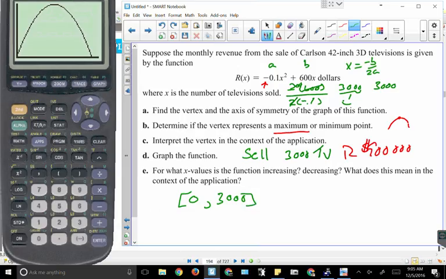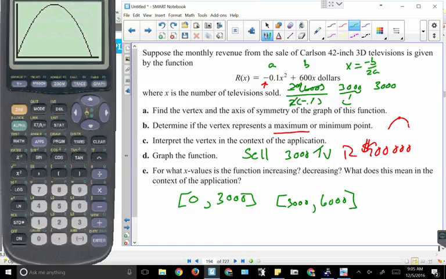So on that interval, we are increasing. When we are on the interval of 3,000, comma, how many? 6,000. We are going to be decreasing.